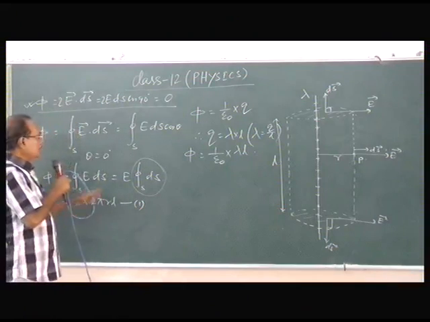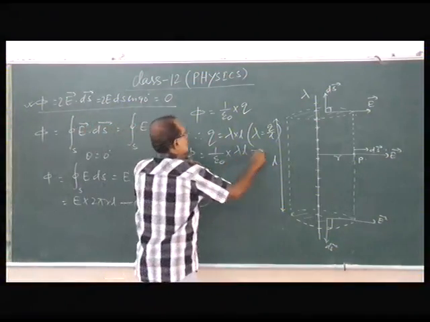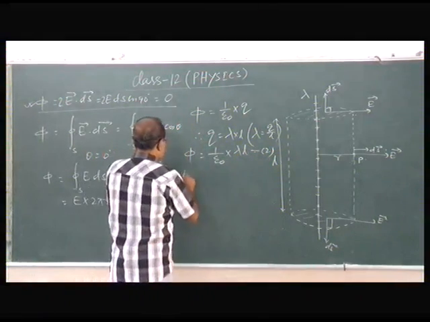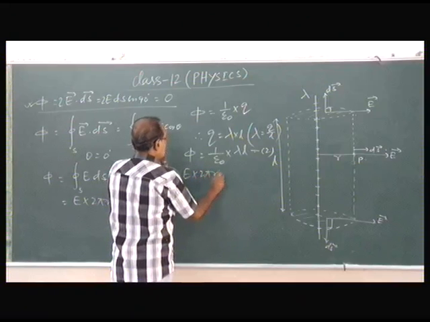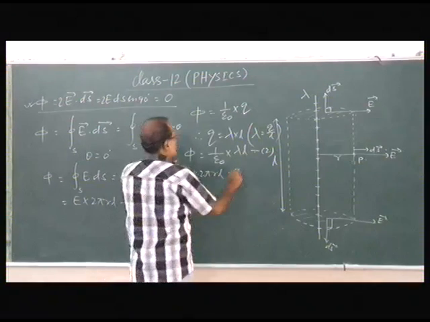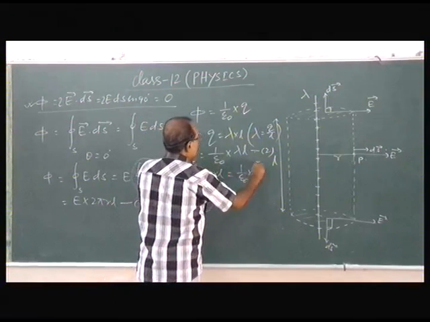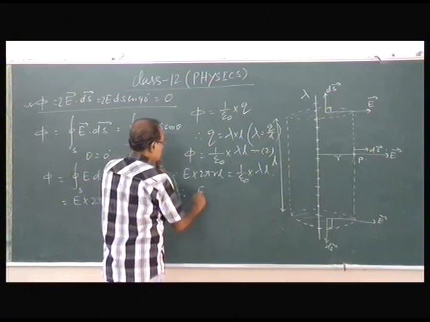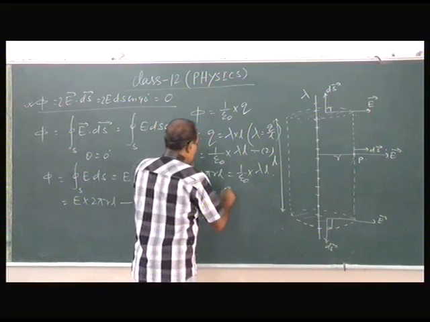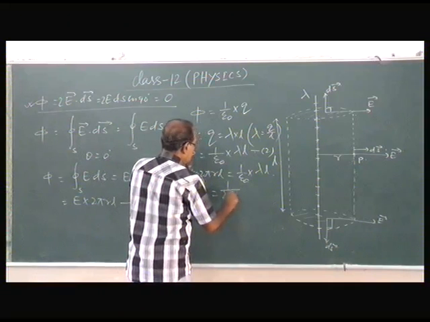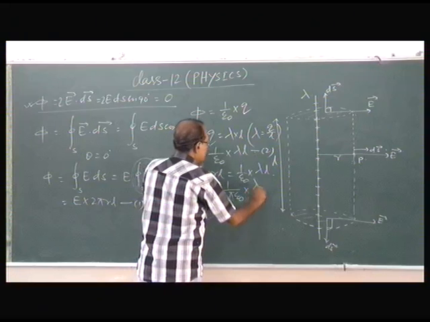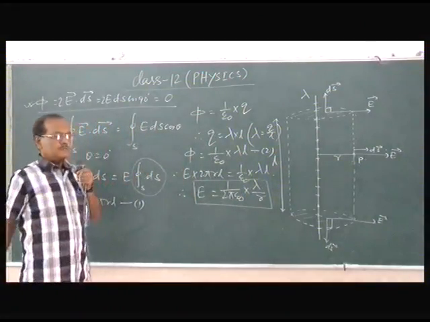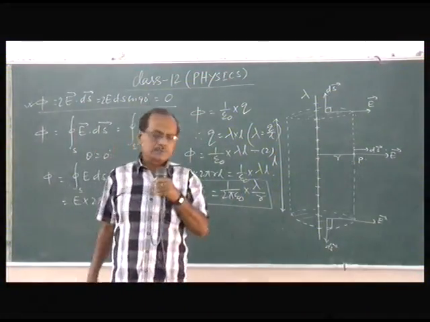Now these two terms we can equate. Therefore E into 2 pi r L equals 1 by epsilon naught lambda L. So the electric intensity E is equal to 1 by 2 pi epsilon naught into lambda by r. This is the magnitude of electric intensity.